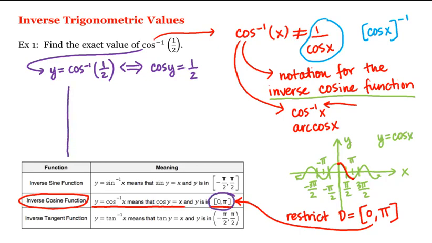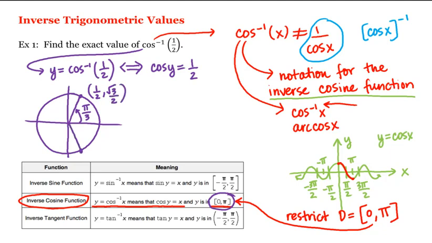So thinking of our unit circle, the cosine of this angle here, pi divided by 3, is equal to 1/2, because the x-coordinate of this point is 1/2.